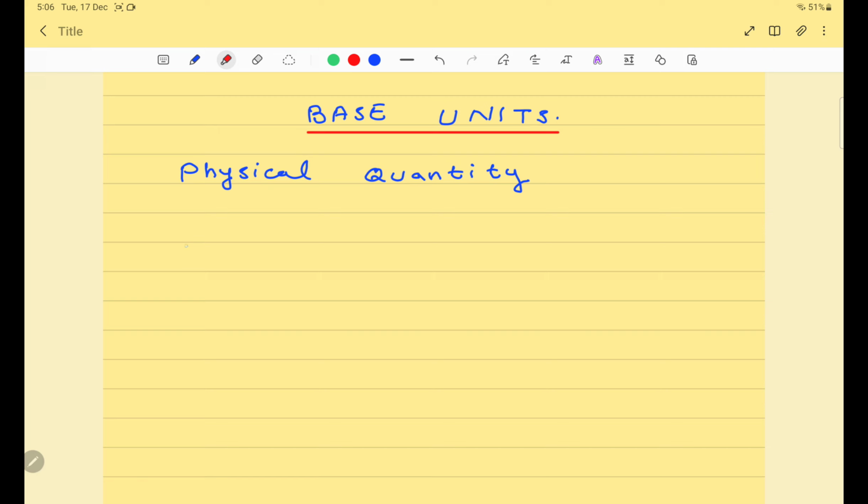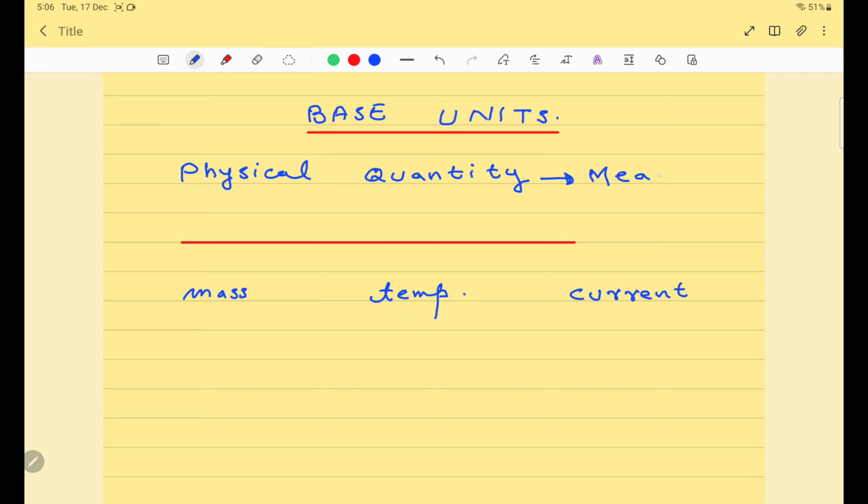For example, you can measure the length of this line, you can measure the mass of an object, you can measure the temperature of your room, you can measure the amount of current. So all those quantities which are measurable, these quantities are called physical quantities.